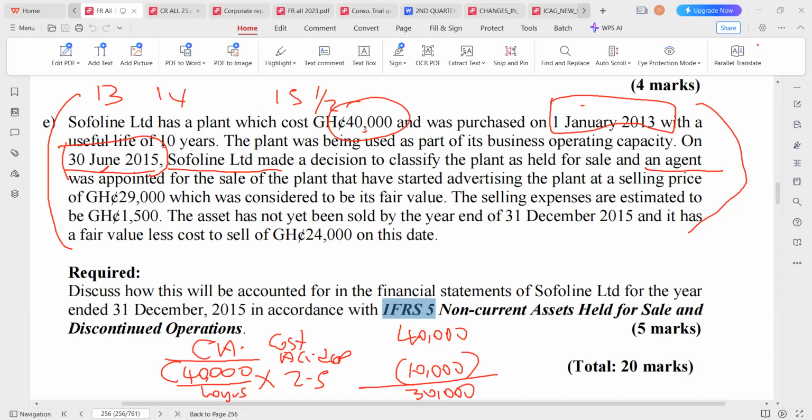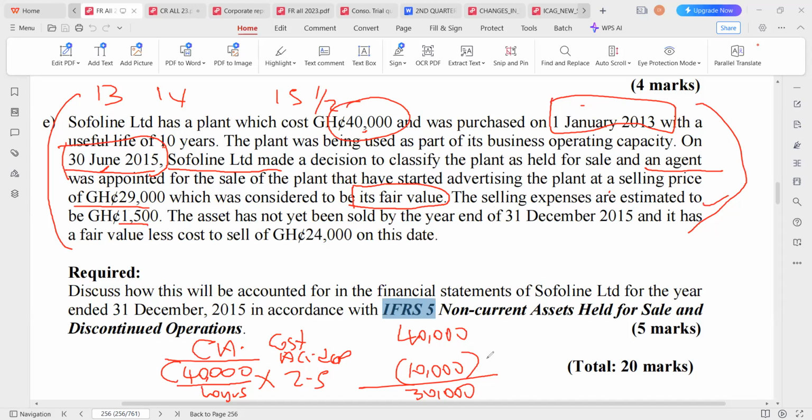The agent started advertising the plant at a selling price of 29,000, which was considered to be fair value. Why do they say it's a fair value? To meet the condition, the asset must be fairly priced. The selling expenses is expected to be 1,500.